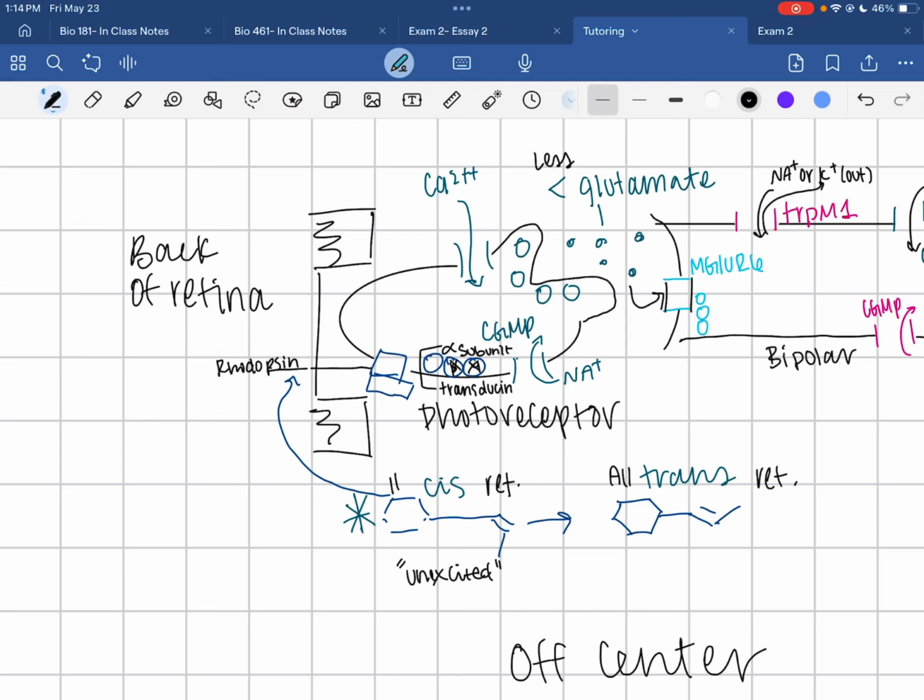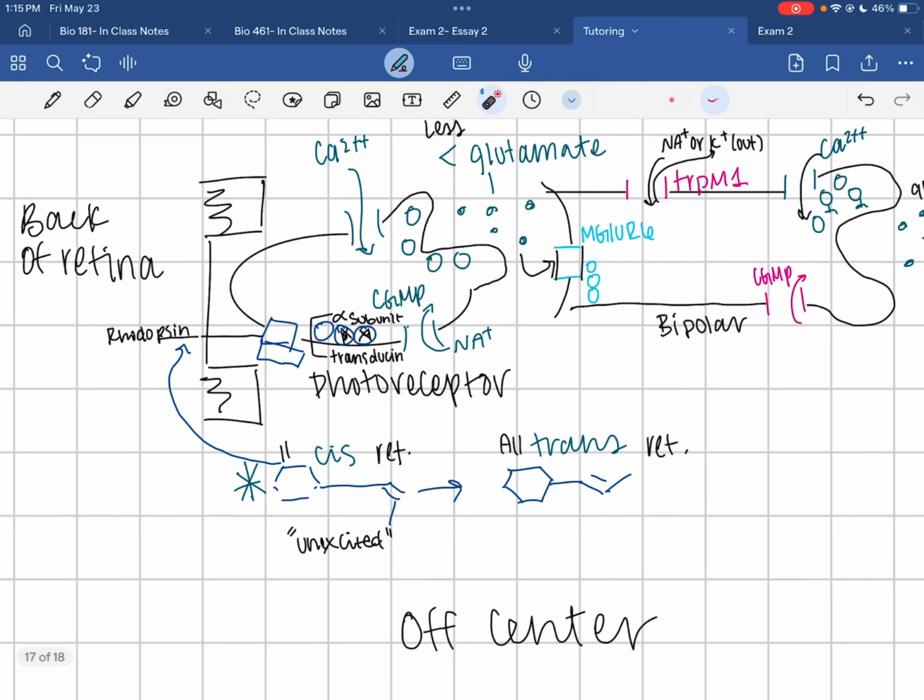So this fits right here in this nice little part. But when the wavelength is absorbed, so when light comes in and is absorbed by rhodopsin, the cis retinal becomes an all-trans retinal, and basically unkinks right here, and it still has this double bond, and it no longer fits in this binding site right here.